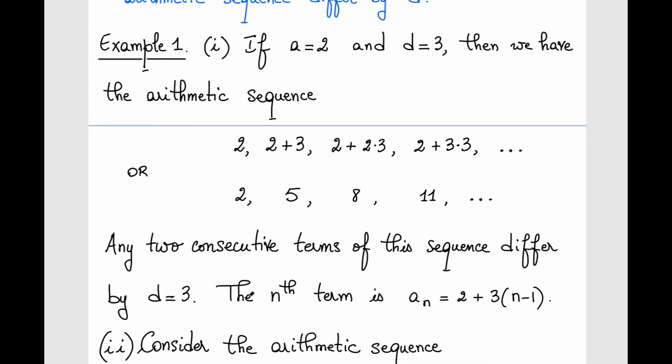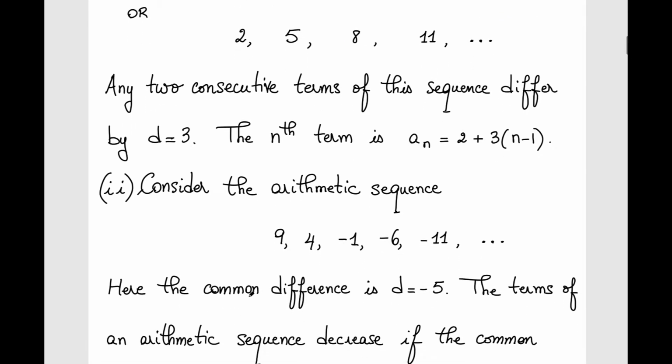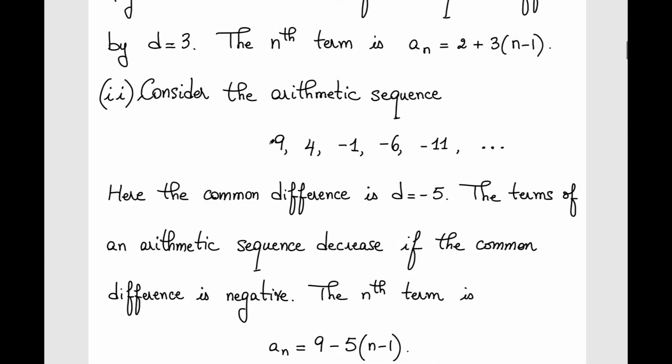And let's move on to the next example, part 2 of the example. Consider the arithmetic sequence 9, 4, minus 1. So what's going on here? We're subtracting 5 from one term to the next. Okay, so the common difference is minus 5. So you're going to realize that the terms of such an arithmetic sequence are decreasing, and this happens whenever we consider the common difference to be negative, right?